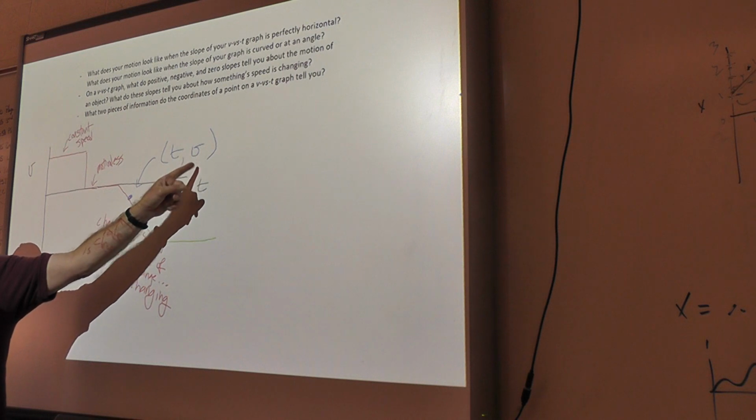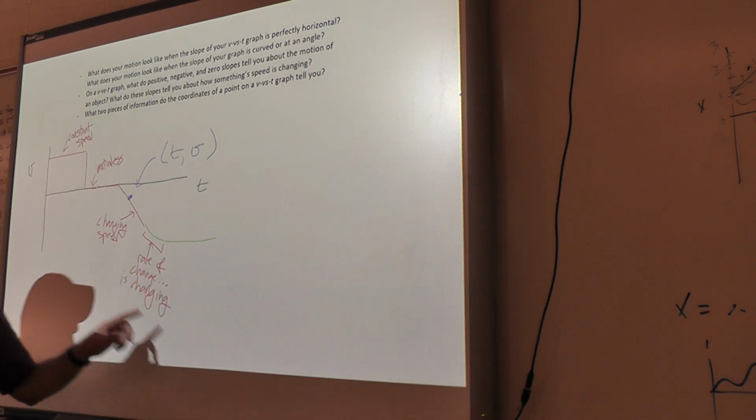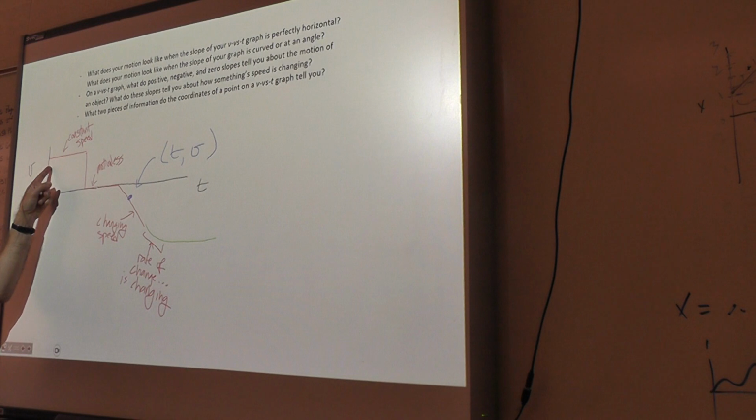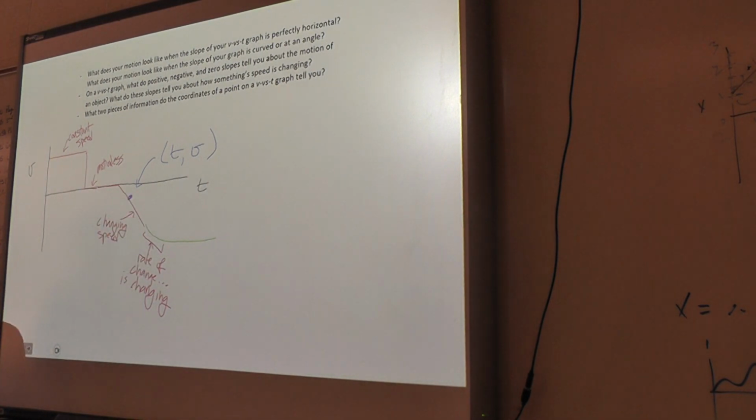The second coordinate is going to tell us the speed and the direction of whatever it is that we're looking at that time. That means we can talk about this object's motion the same way that we talked about a position versus time graph. Only what we're saying isn't where the object is, but how fast it's going and what direction.